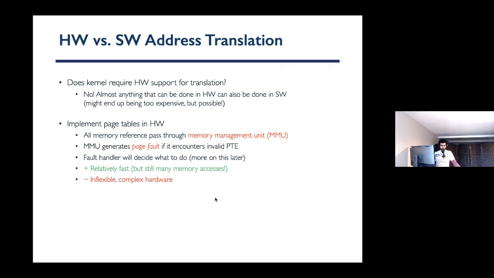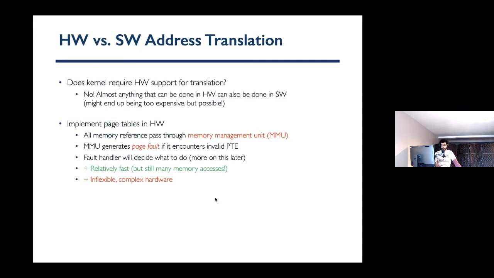The problem with it is that it's inflexible, right? You fix some mechanism for address translation in your processor and you implement it in hardware, and that is fixed forever. You cannot change that. Operating systems now need to know about this and adapt to the mechanism that this processor uses.